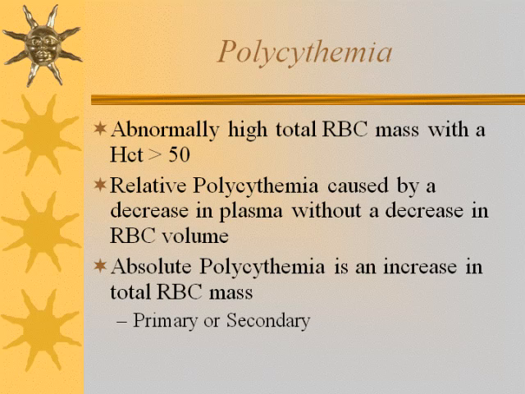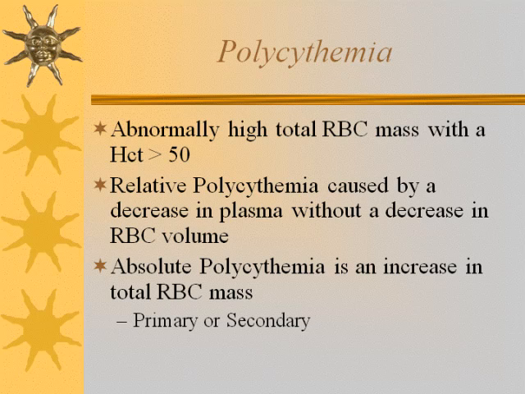It appears that they have a very high hematocrit, but it's basically because they're lacking fluid or plasma because of their dehydration. It just makes their red blood cell volume appear larger. So it's relative. It's related to their dehydration.